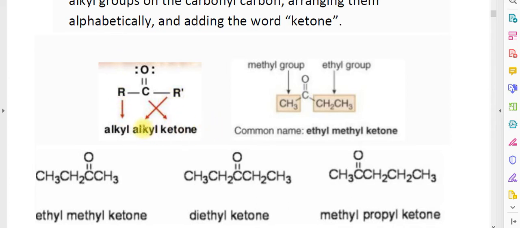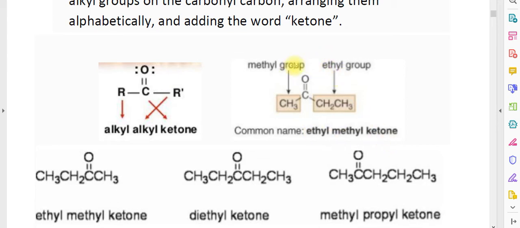The alkyl groups may be different or the same. Here it is a methyl group, here it is an ethyl group. But we name them in alphabetical order, so the ethyl group is named first: ethyl, methyl, ketone.